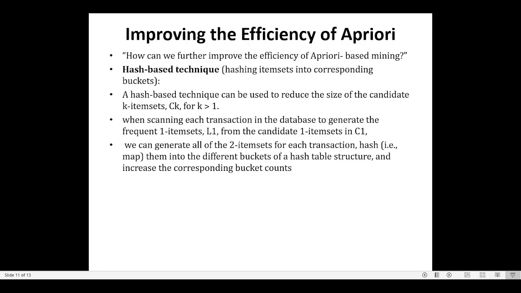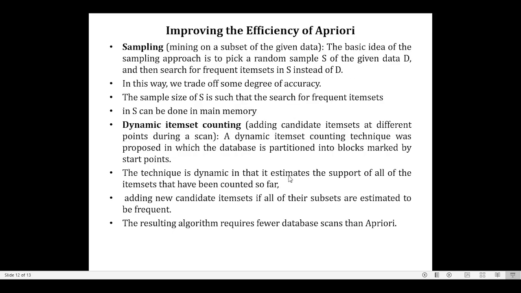When scanning each transaction in the database to generate the frequent one item sets L1 from the candidate one item sets in C1, we can generate all of the two item sets for each transaction, hash them into the different buckets of a hash table structure, and increase the corresponding bucket counts.